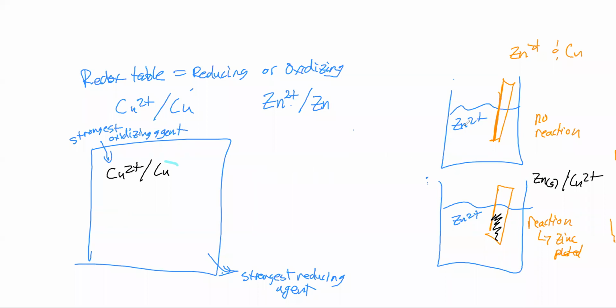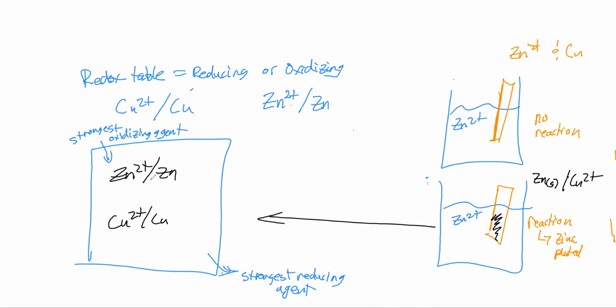Now, our bottom chart, what this one looks like is that our zinc 2+ is a stronger oxidizing agent than our copper, because they swap places. When we put them in, our copper rearranged itself so that it could go through an oxidizing process, and our zinc rearranged itself so it could go through a reducing process.